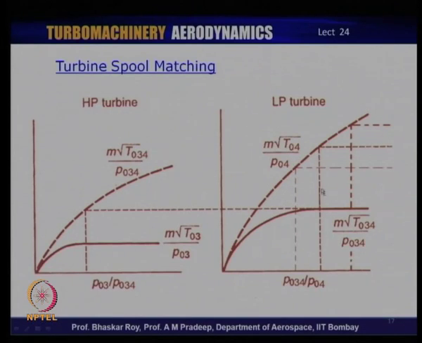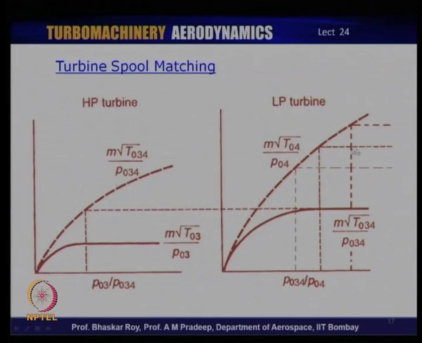And then of course, you can extend that to the exit condition of the LP turbine, which you may like to extend later on to matching with the nozzle if it is an aero engine. Or if there is another stage after this, supposing this is IP turbine, you have to match that with the LP turbine.